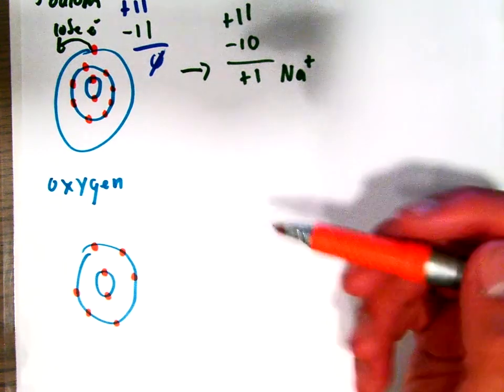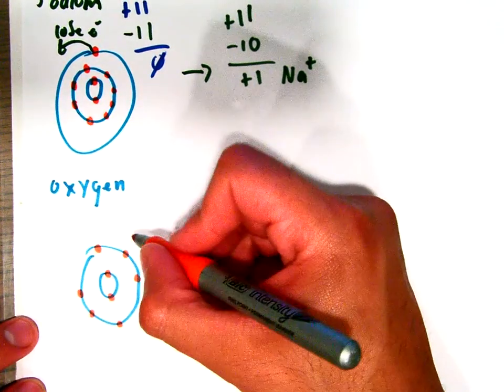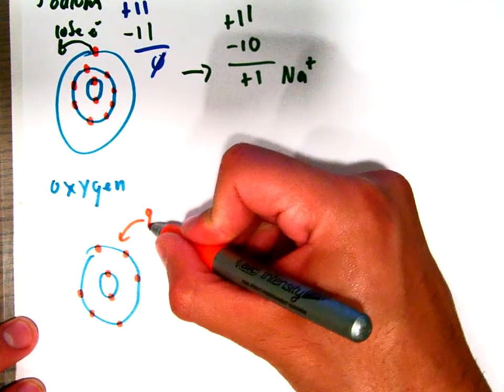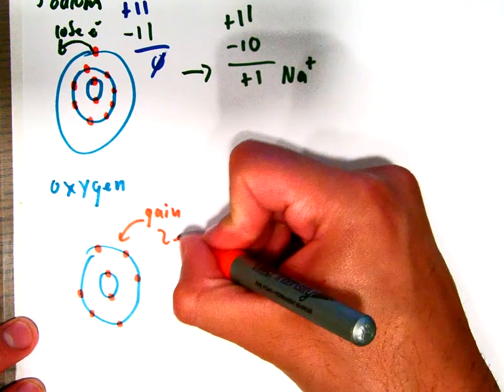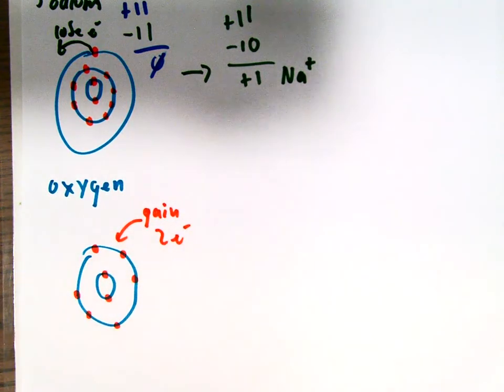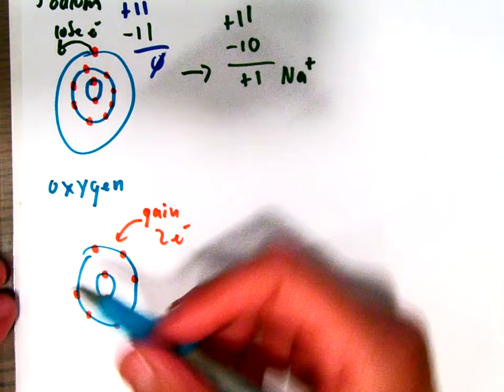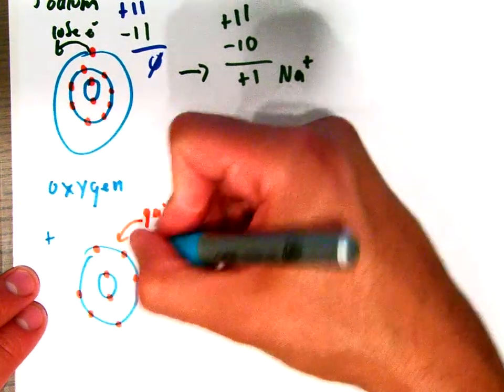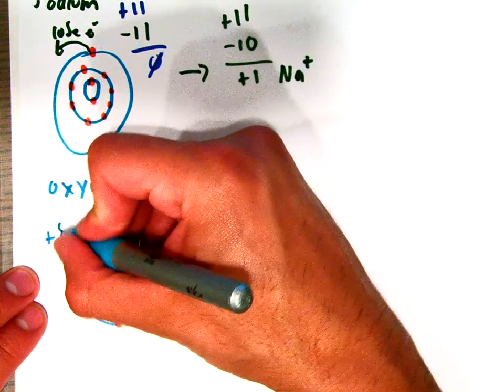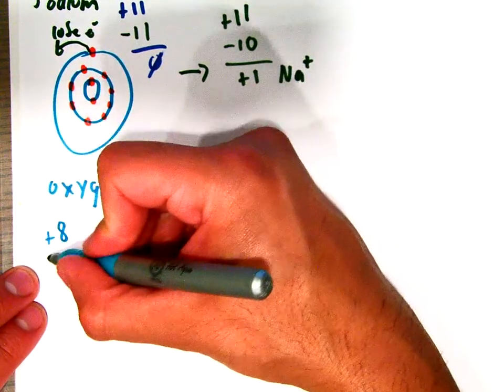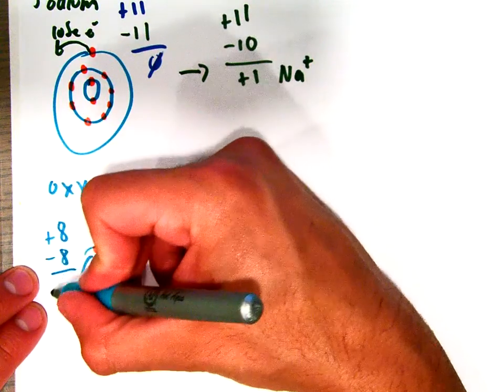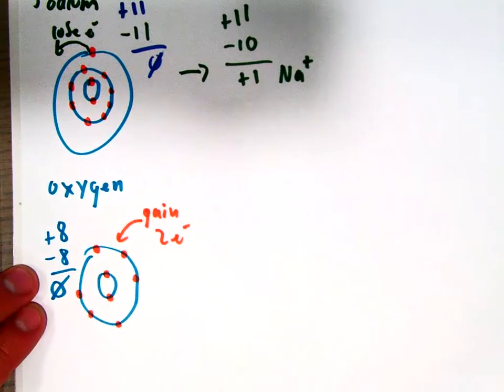Okay, so it's going to gain. So what oxygen does is it gains 2 electrons. Okay, and before we go over it gaining, let's look at the number of protons and electrons. So usually it has 8 protons and 8 electrons for a total charge of 0, right?